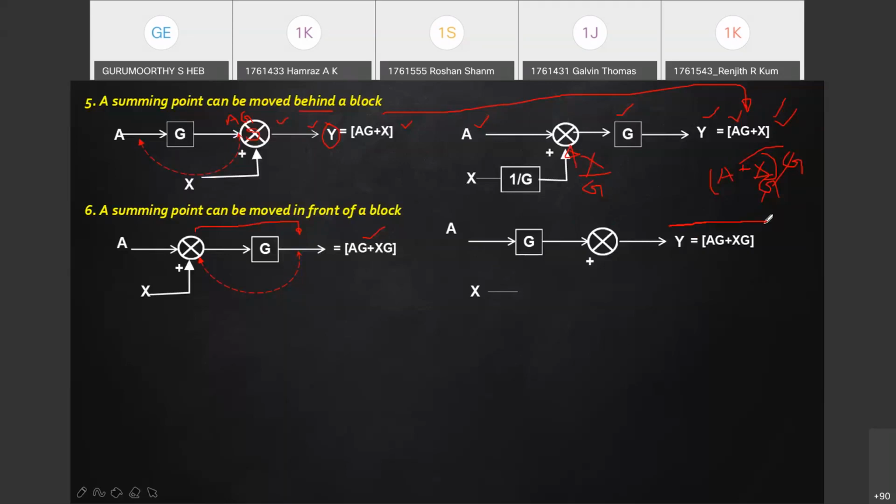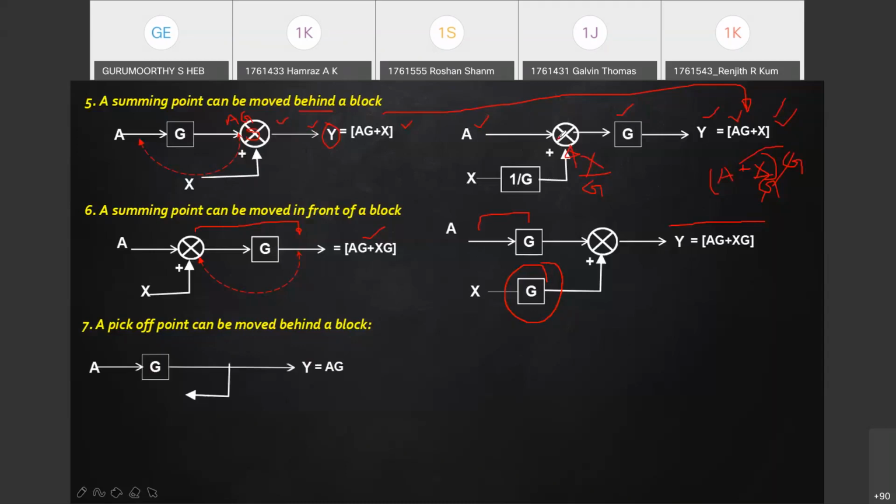A is the problem, it is A into G. So X should be multiplied by G. You cannot simply join. You have to multiply with G and then connect to the summing point. Now it is AG plus XG. So this modification you will have to do when you want the summing point after a block: you have to multiply with the block value. Before a block, you have to divide with the block value.